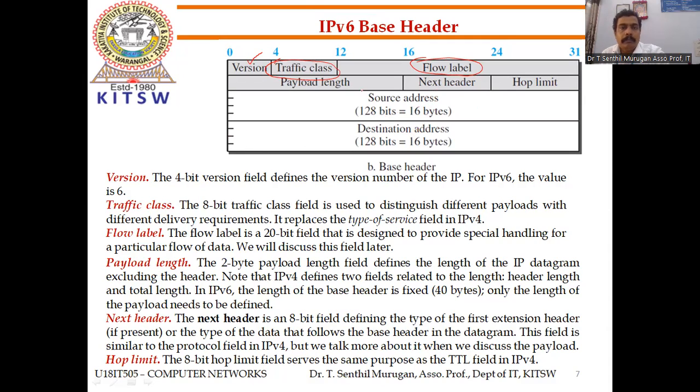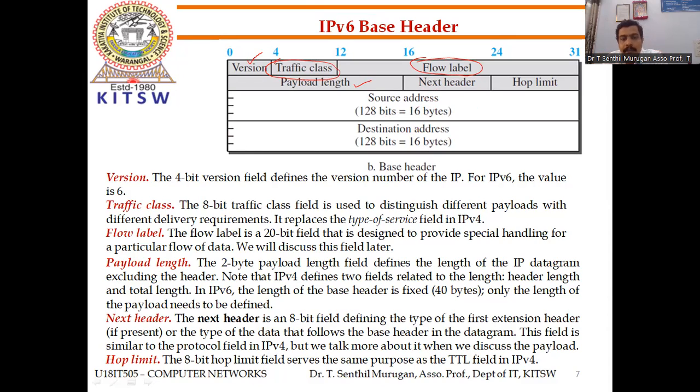Okay, so now Payload Length. It takes 2 bytes, up to 16 bits. These 2 bytes represent only the size or length of the data, because 40 bytes are allocated fixed for the base header and the remaining is payload. So here the payload length will be mentioned.